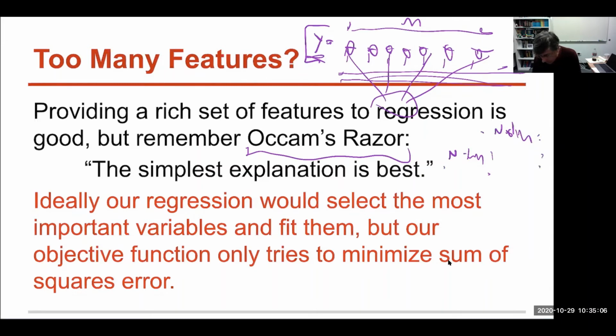Basically there is going to be a way to fit the target values exactly, okay, but this is almost certainly overfitting. You're much better off if you could find a simpler way, a way with fewer dimensions that gives you a pretty good model.